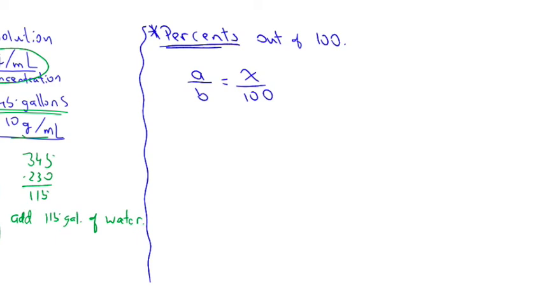So by writing x over 100, this x is going to be written as x percent. So there's a correlation between how you work with percents and numbers and how to define a percent in one sentence, in mathematical expression.